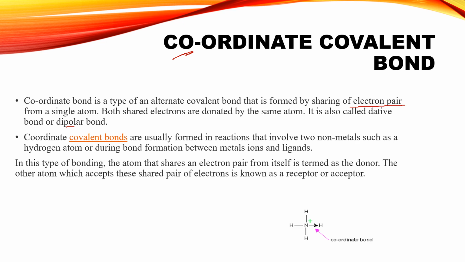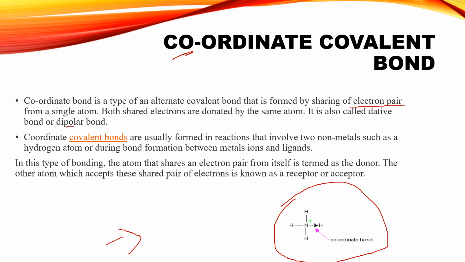And the other atom which accepts this shared electron pair is known as an acceptor, right? So this is an example of coordination covalent bond, and the sign of coordination covalent bond is this arrow, right? So this is called coordinate covalent bond.